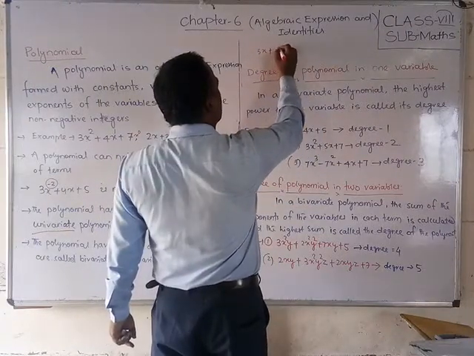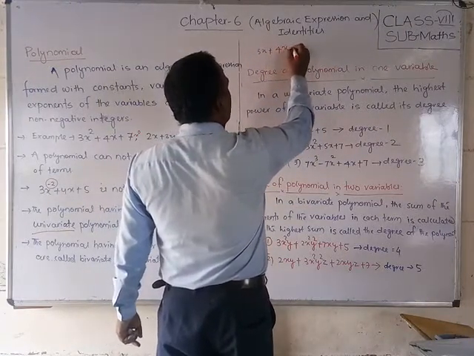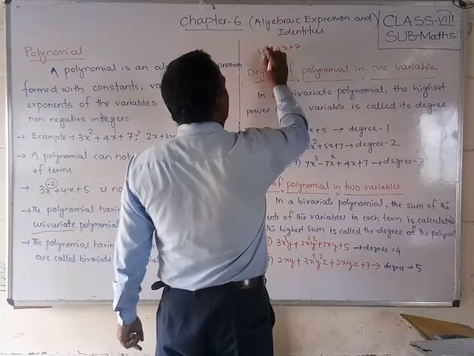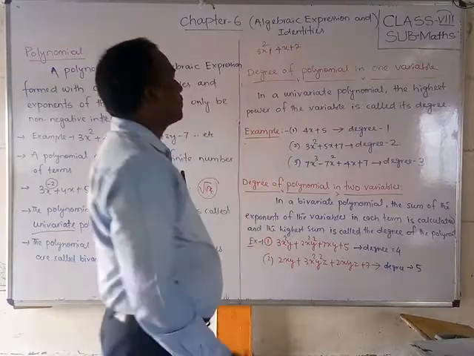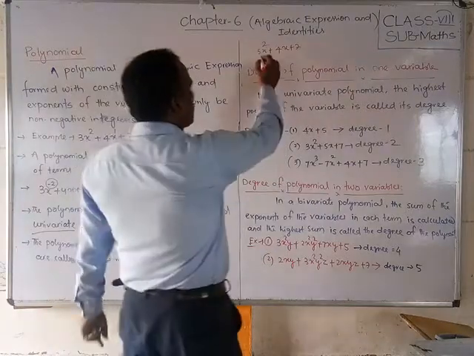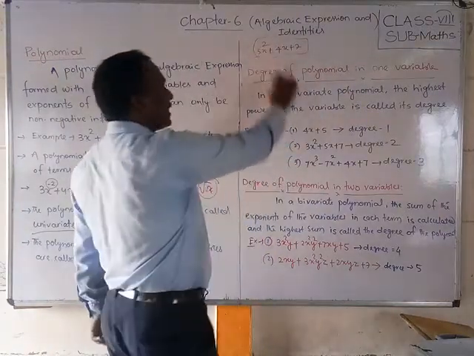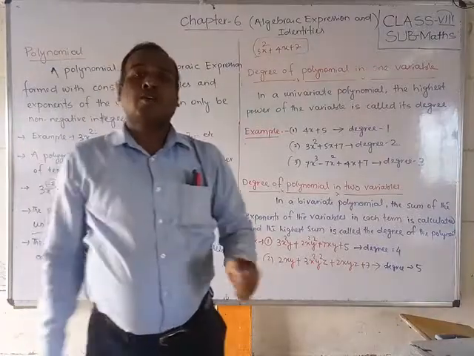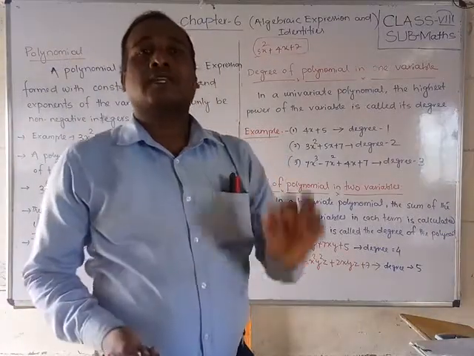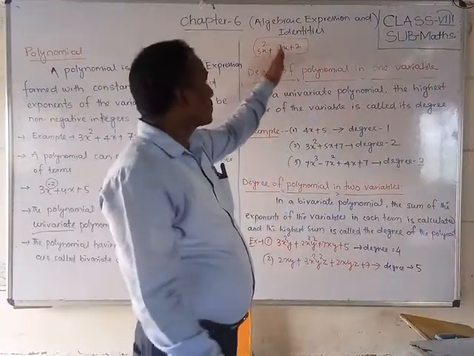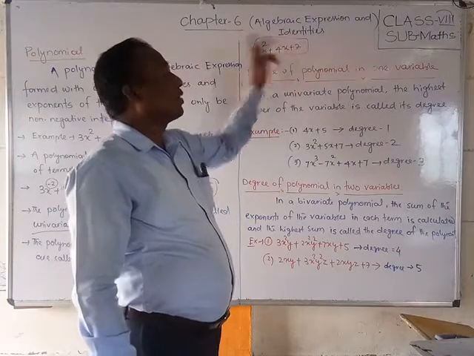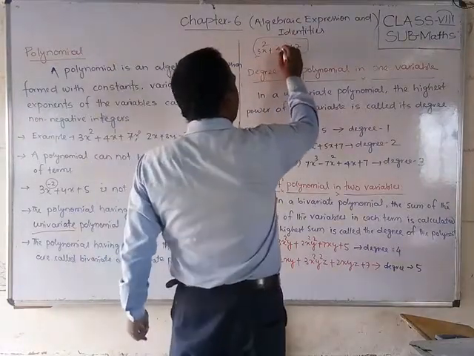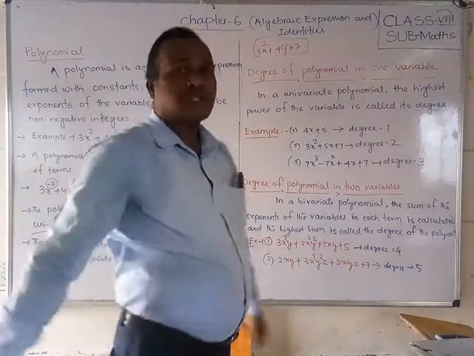Suppose I take one example: 3x square plus 4x plus 7. What is the variable in this? It is an algebraic expression and also a polynomial, and this polynomial contains only one variable, that is x. Three terms but one variable, x only. But if I write y here, how many variables are there, students?